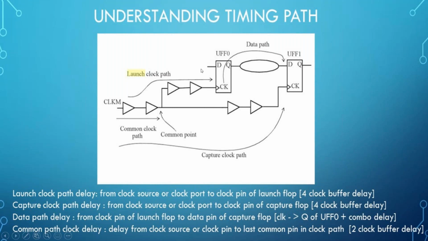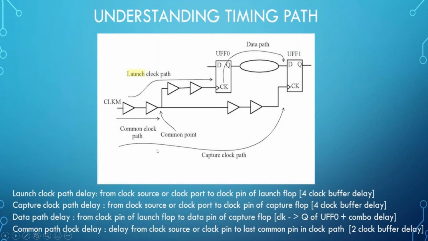Now all the terminology associated with this will be launch, and the terminology associated with this flop will be capture. Here, the clock going to the launch flop is called the launch clock path. The clock going to the capture flop is called the capture clock path.